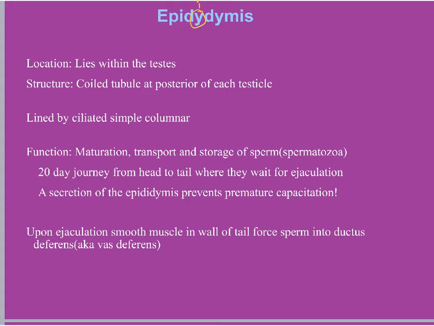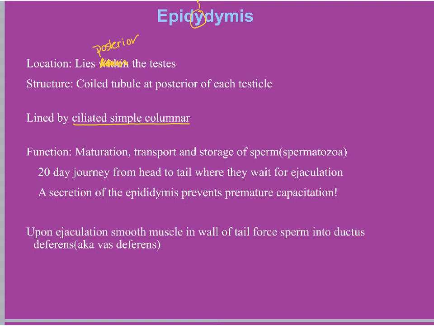Anyway, the epididymis is a structure that lies posterior to each testicle. And it's a coiled tube, just like we saw the coiled seminiferous tubules. And since it's a body tube, it's going to be lined by epithelial tissue. In this case, ciliated simple columnar epithelial tissue. So the sperm move from the seminiferous tubules into the epididymis.